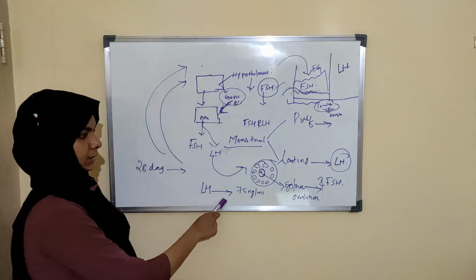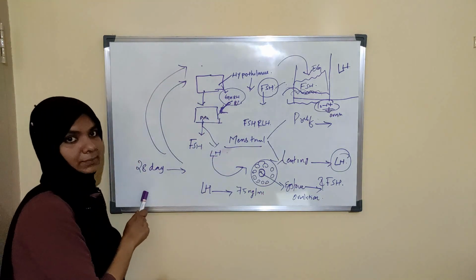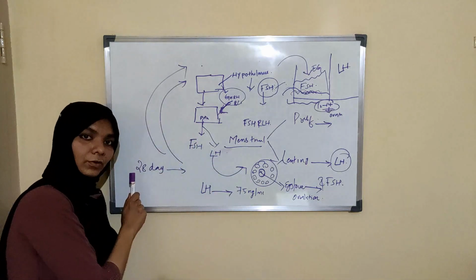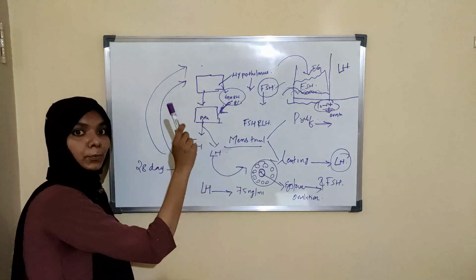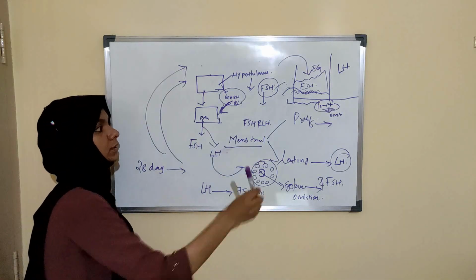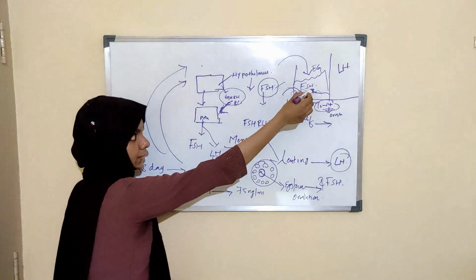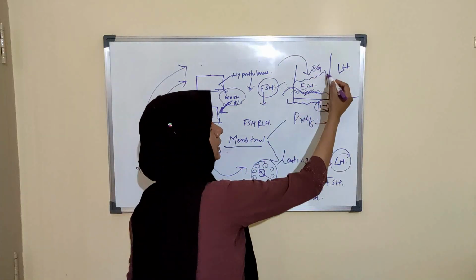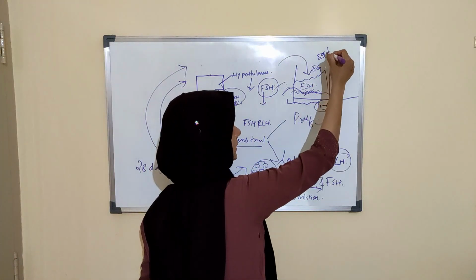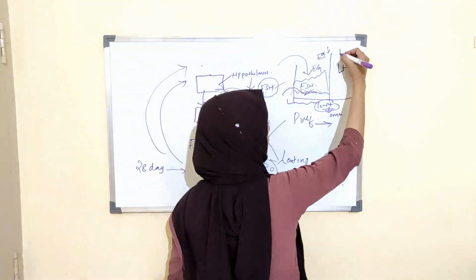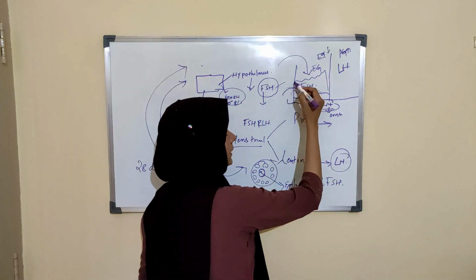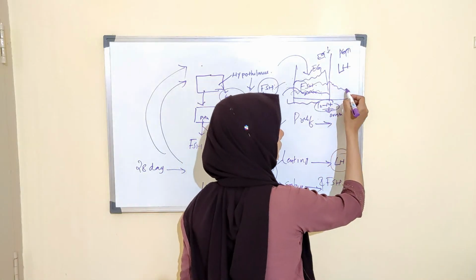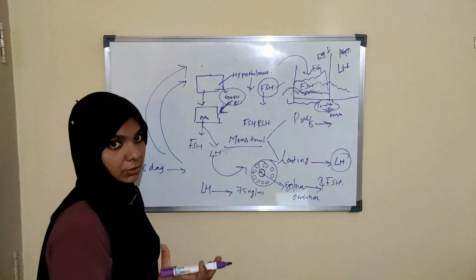So this was the question. What can you expect from here? Which is the hormone of ovulation? Luteinizing hormone. Which hormone functions during the proliferative phase of the menstrual cycle? Follicle stimulating hormone. At this point estrogen will decrease, and another hormone comes in, progesterone. Here the endometrium is preparing to receive the zygote.